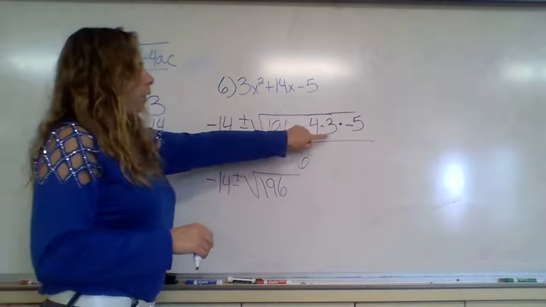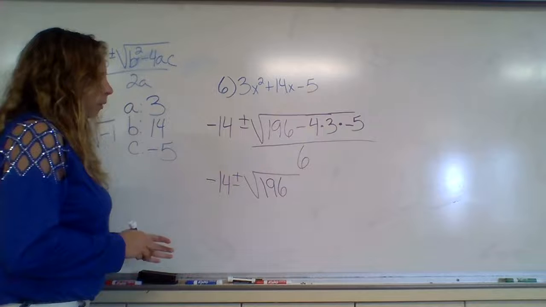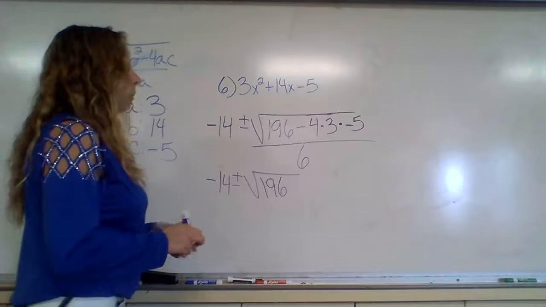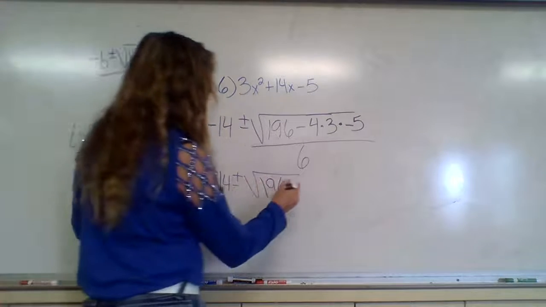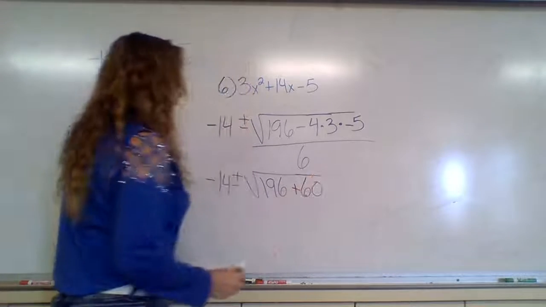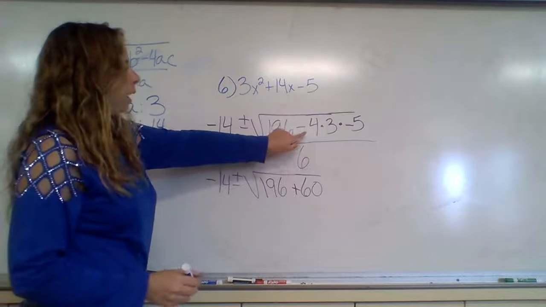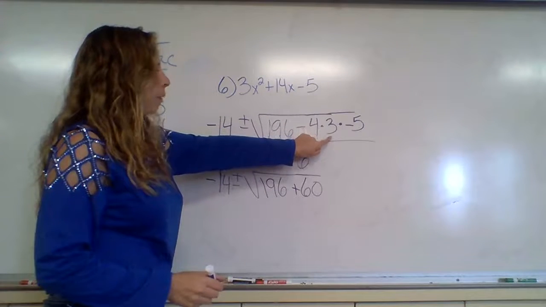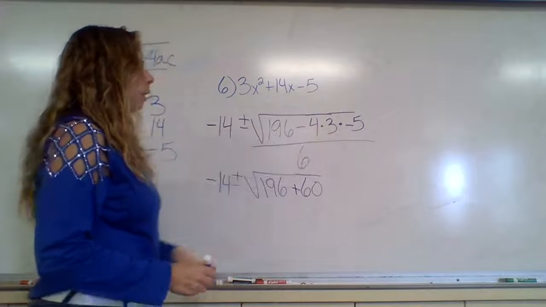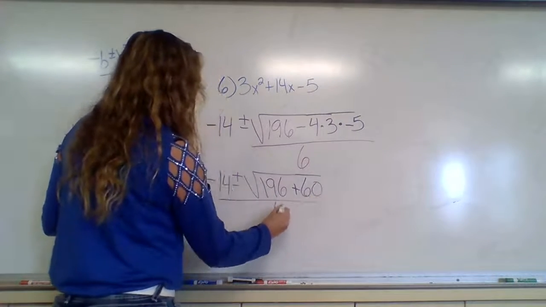So -4 times 3 is -12. -12 times -5 is +60. That's what I mean, be careful. -4 times 3 is -12 times -5, so that gives you a +60, all over 6.